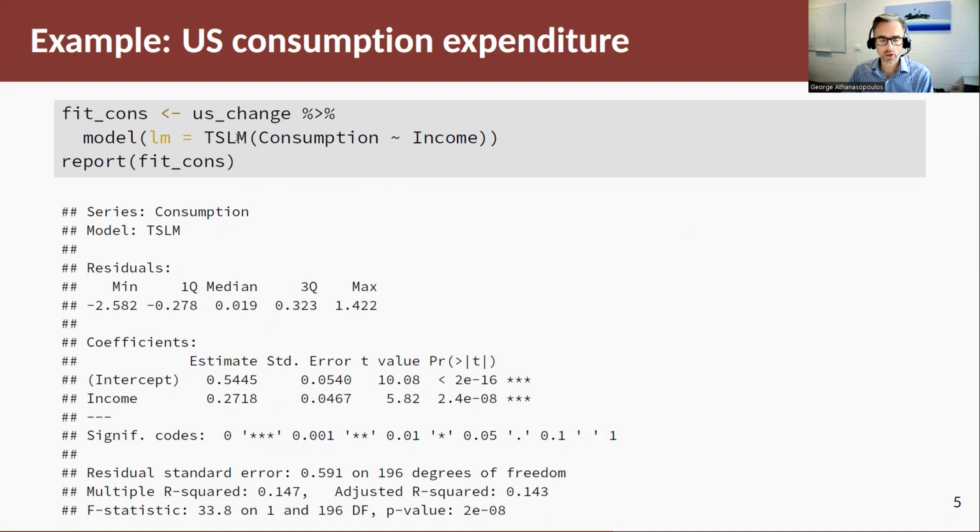We use the TSLM function within the model function, and the syntax is we have our y variable, consumption, followed by our x variables on the right-hand side. Notice that although I haven't specified an intercept here, an intercept is always estimated by default, and we'll talk about the intercept later on as well, unless you tell TSLM not to estimate an intercept.